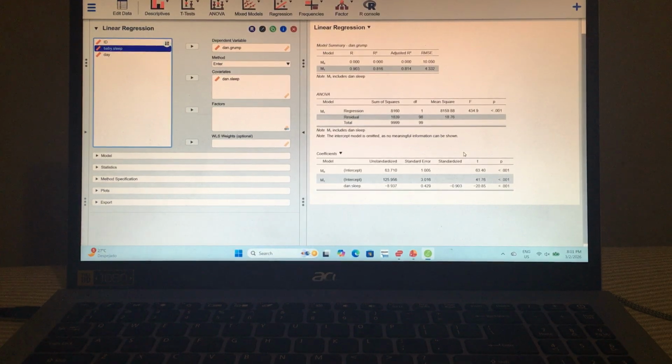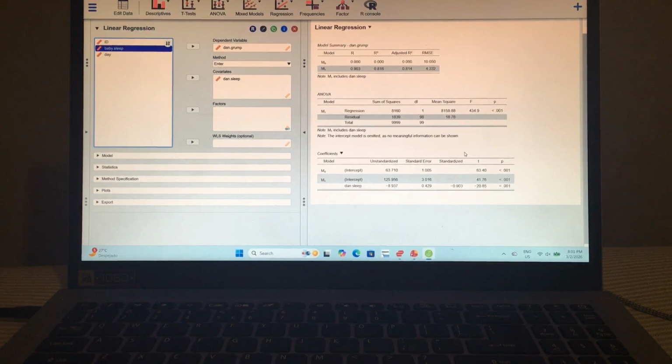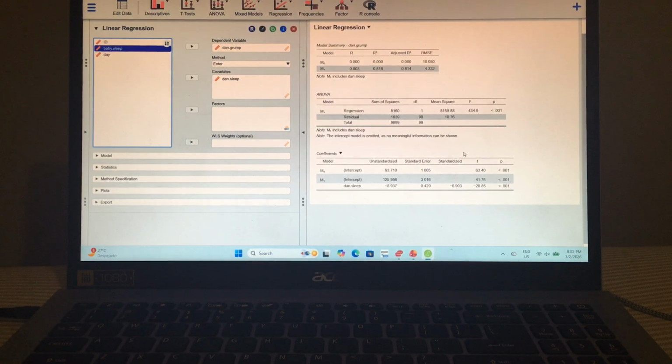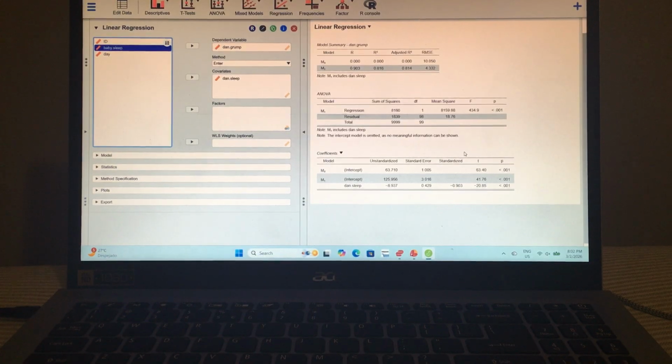Then we have this table at the bottom called the coefficients table. So this is our third table, and it does have the top row, which is the M0, the null model.